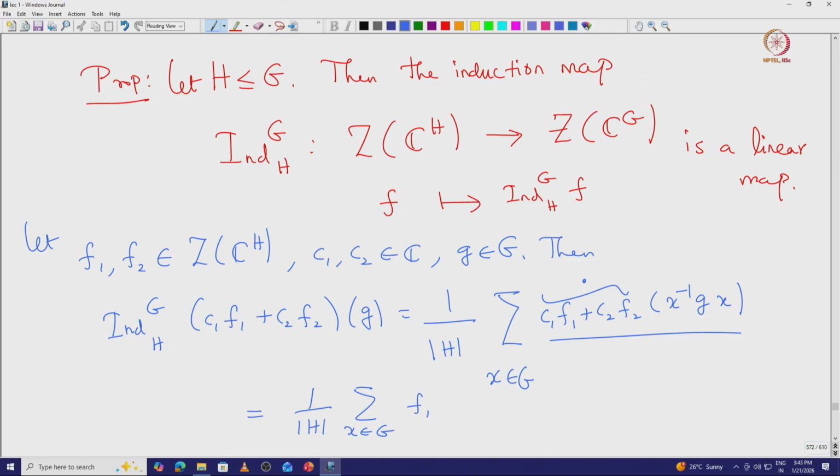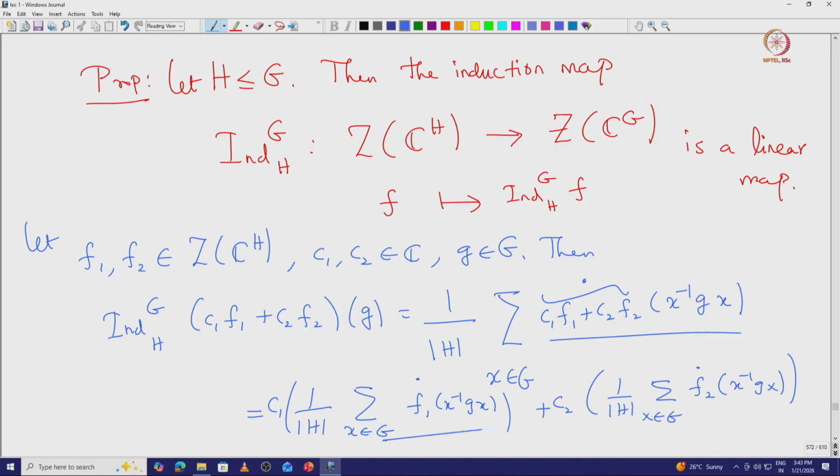So that means this can be split into a linear combination, and that is going to give us exactly 1 divided by the cardinality of H, summation x in G. So we can take c1 out, and f1 dot of x inverse g x, plus c2 out, and then 1 divided by the cardinality of H, summation x in G, f2 dot of x inverse g x.